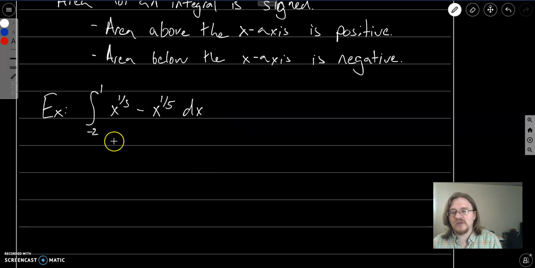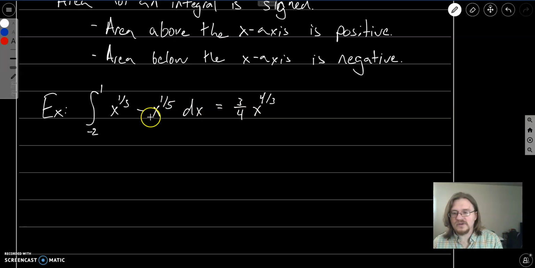So rather than trying to calculate an area by looking at it, let's just take this integral. So if I want to take the integral of x raised to a power, I take x and I raise it to the one higher power, and I divide by that power. So I'm going to divide by 4/3, which is the same thing as multiplying by 3/4.